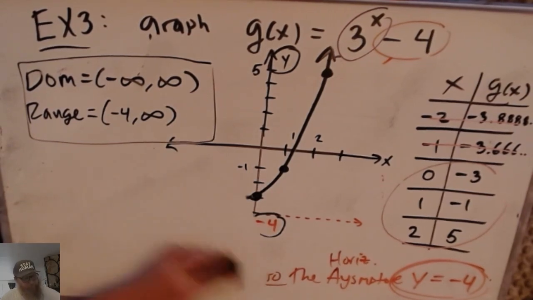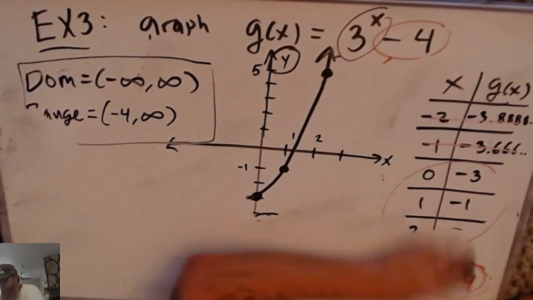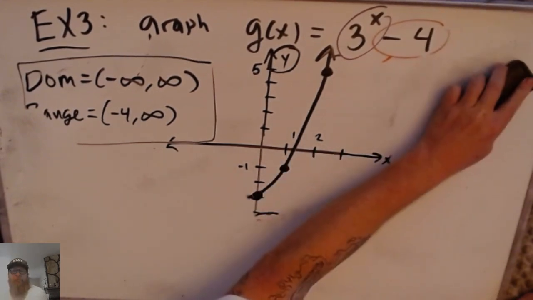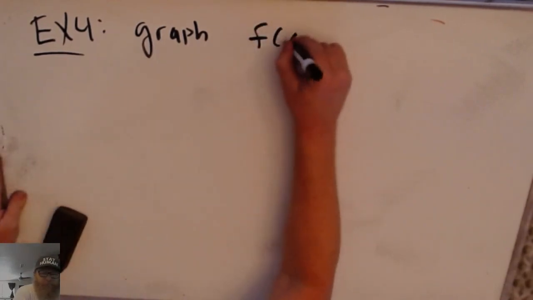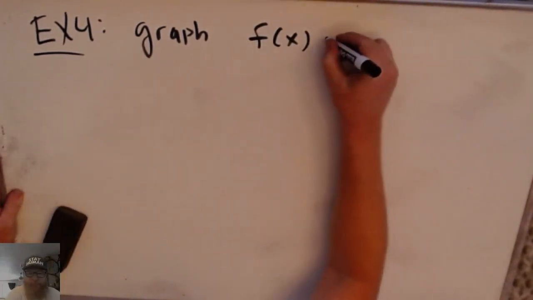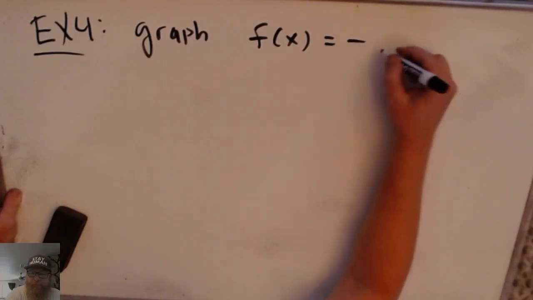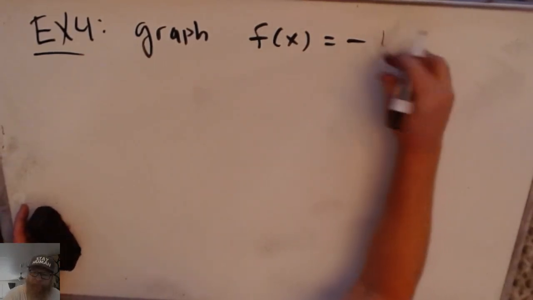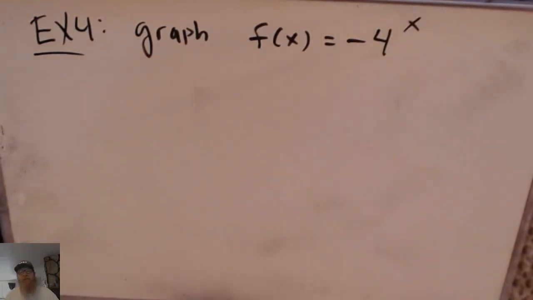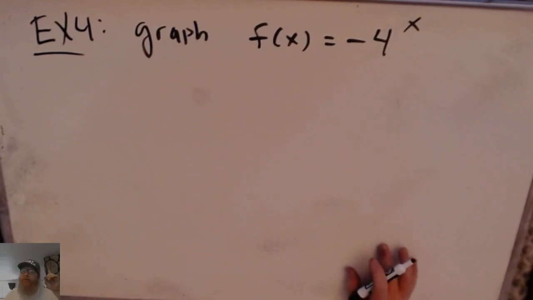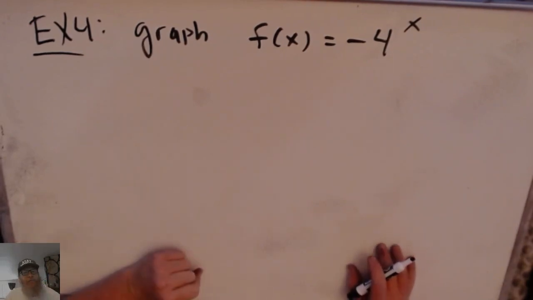Next example. Example 4. Graph f of x equals negative 4 to the x.